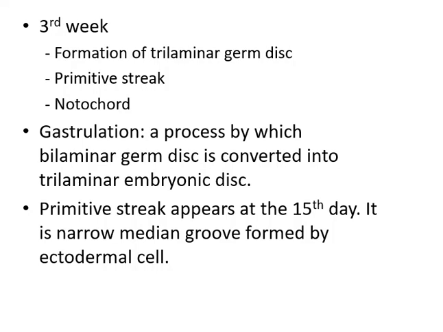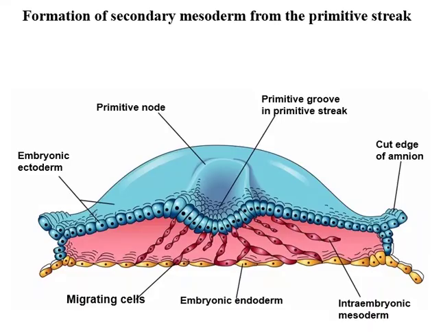The primitive streak appears at 15 days as a narrow median groove formed by ectodermal cells. This figure shows the formation of three layers from invagination of epiblast cells through the primitive streak and primitive groove to form the endodermal layer and mesodermal layer.